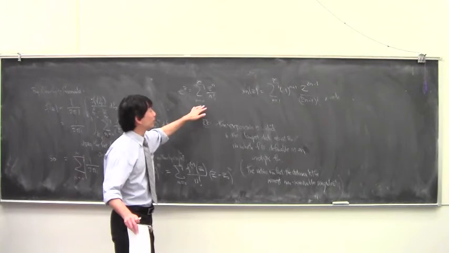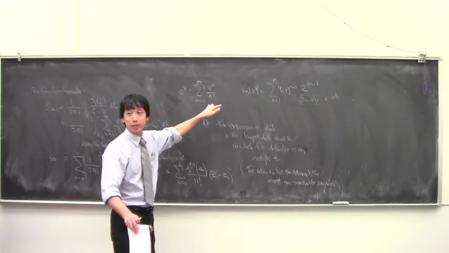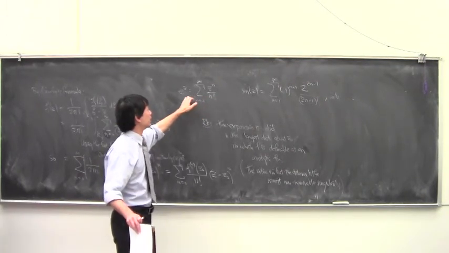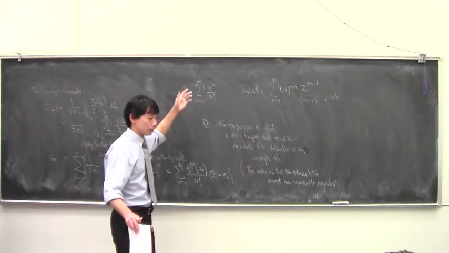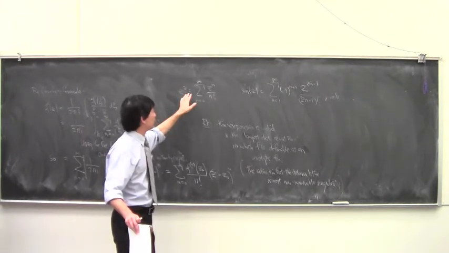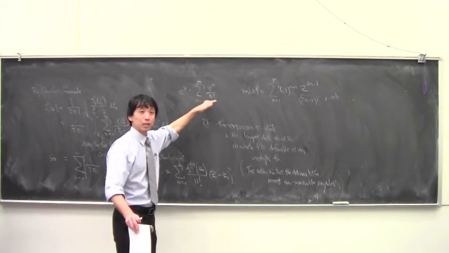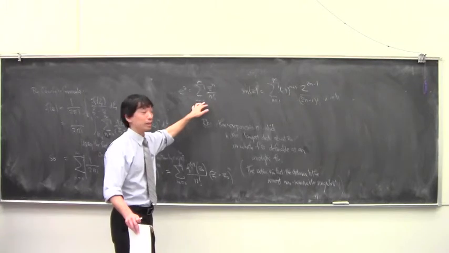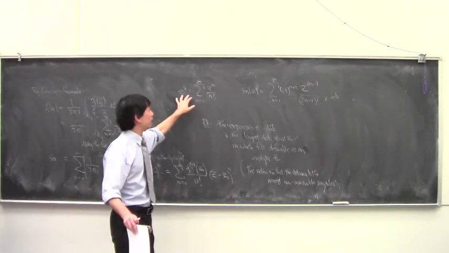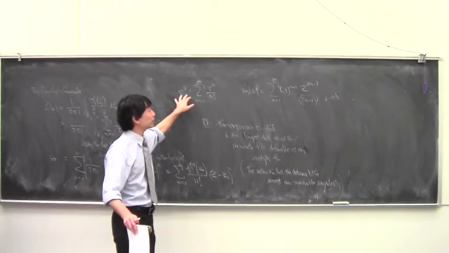If you do this approach instead, and say I'm going to define e to the z by using a power series that converges on the entire plane. Here's how I'm going to do it. This is going to be my complex version of the exponential function.